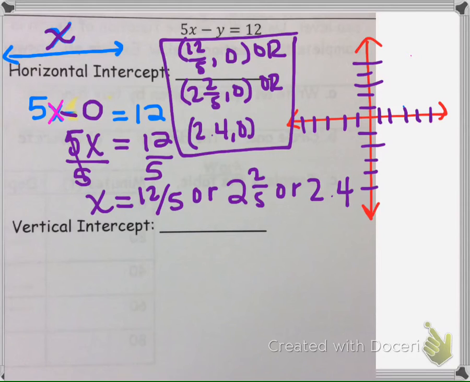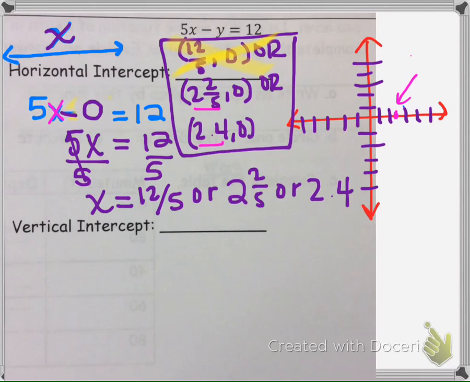Now, the first one isn't one that I would probably do, because if I were to graph that or tell someone, oh, it crosses at 12/5 comma 0, most people can't comprehend what 12/5 is. So if we were going to graph it, these two are better, because then it tells us to go over 2 whole spaces and then almost halfway, a little bit less than half, so like right there.